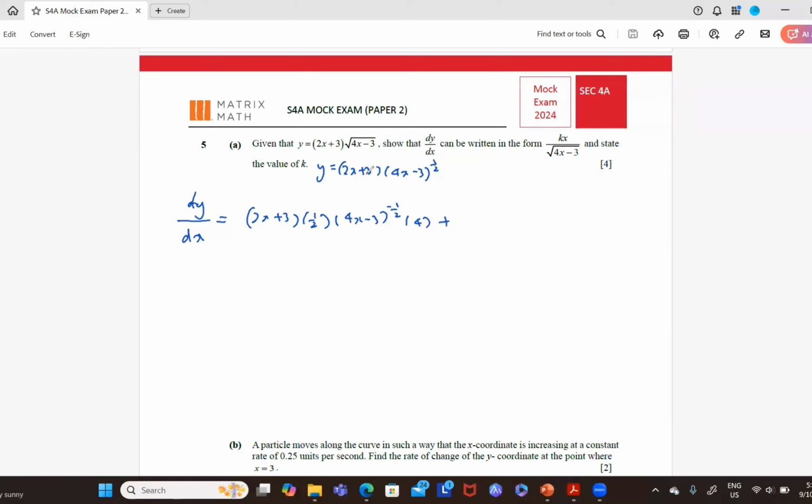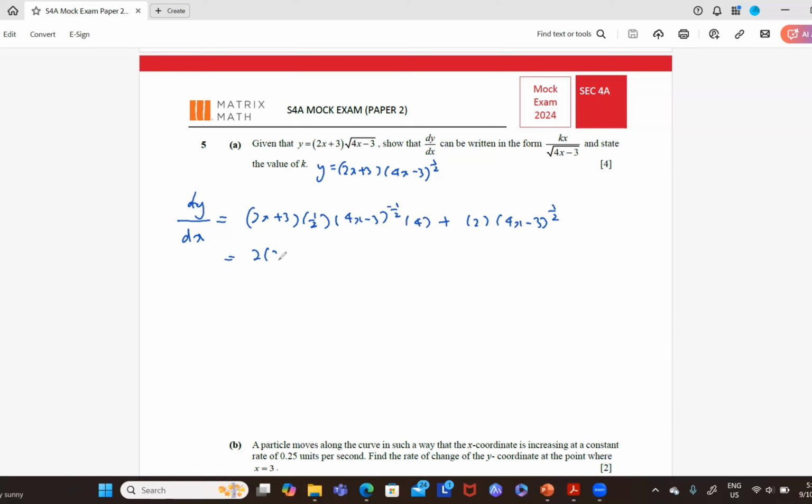Plus. Now you focus on this. This will just give you 2. And this is (4x minus 3) to the power of half. Okay. So half times 4 will give you 2.